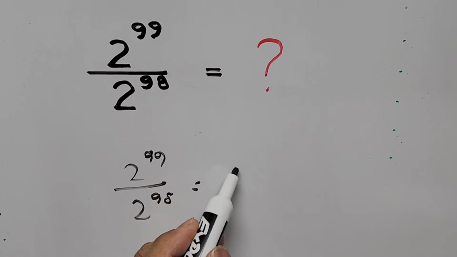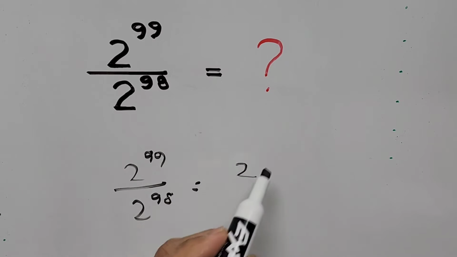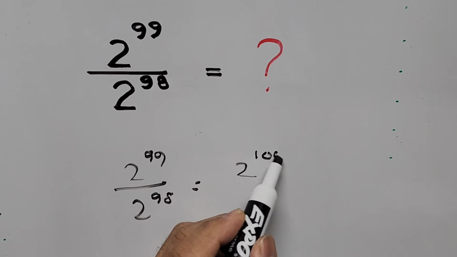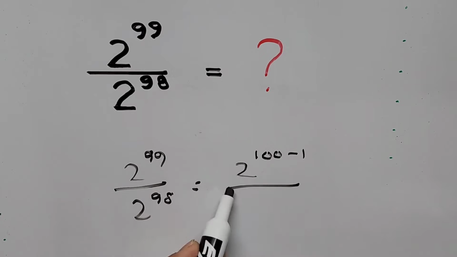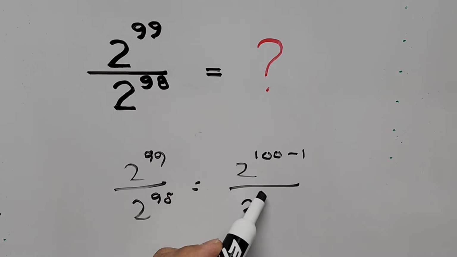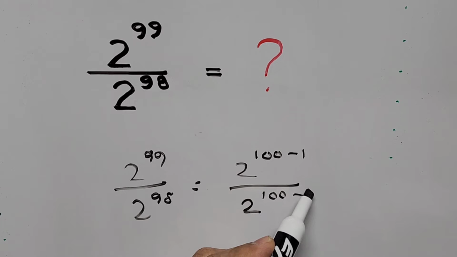So this is now 2 to the power of 100 minus 1, since 100 minus 1 is 99, divided by the denominator, whose exponent will also be expressed in terms of 100. So 98, that is 100 minus 2.